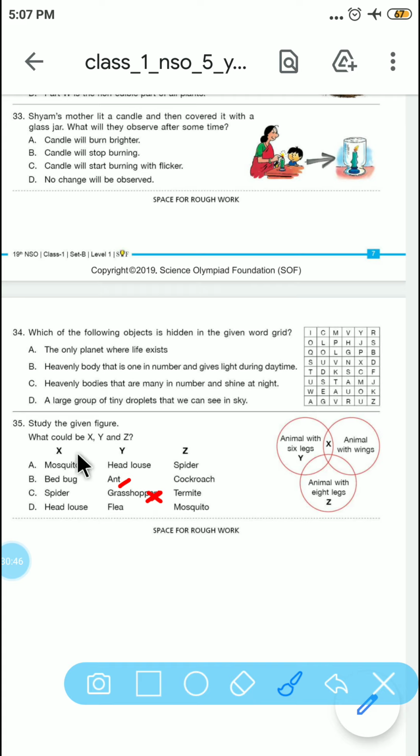Mosquitoes have 6 legs and wings. And head louse. Head louse means they are found in the head, and they are called जू in Hindi, okay. You must have heard people say that lice have come in the head. So this is head louse, the plural of it is lice, okay.